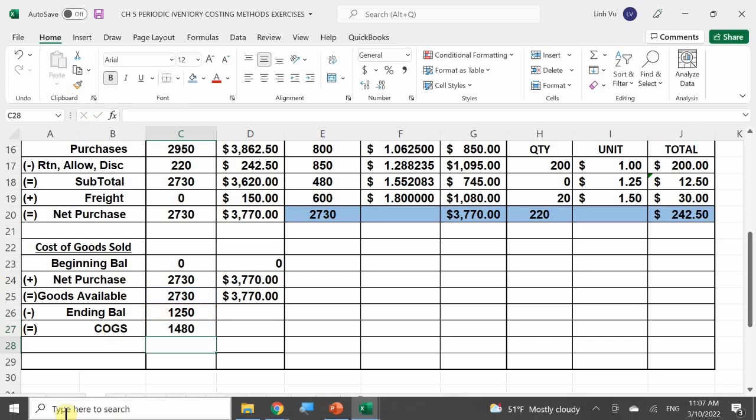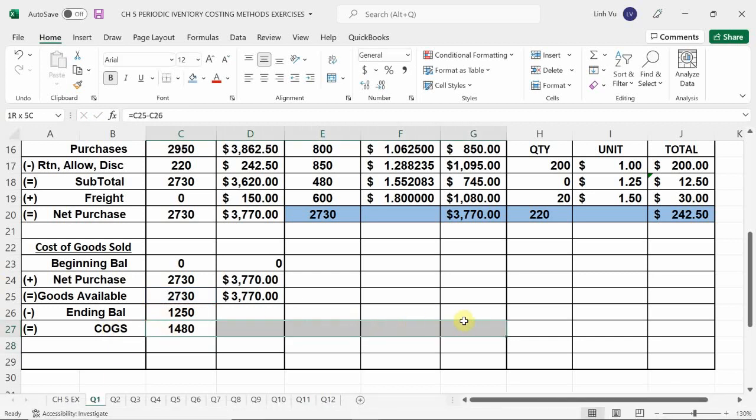Yeah, 1,480. Okay. So in this case, I need to solve for my cost of goods sold.